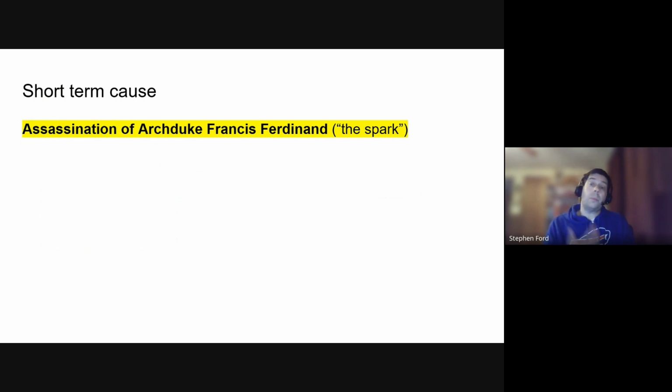So, with that short term cause, the assassination of the Archduke, everything spirals out. We're not going to get into a ton of the details here. But long story short, Austria-Hungary declares war on Serbia, but we have alliances. That brings Russia in to protect their friend Serbia. That brings Germany in to protect their friend Austria-Hungary.